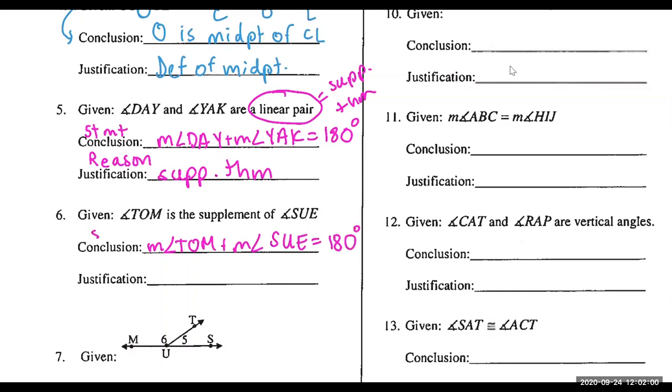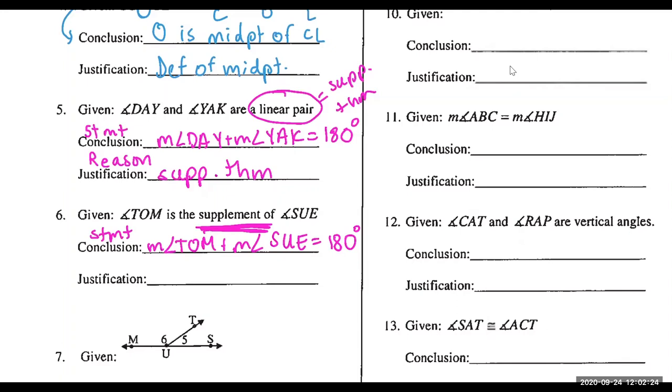Notice that the statement I made here is the same type of statement that I made in number 5, but I'm drawing this conclusion not from the fact that it was a linear pair, but because it was a supplement. And if I asked you to define what a supplement is, you would say it's the angle that adds to the other angle to be equal to 180 degrees.